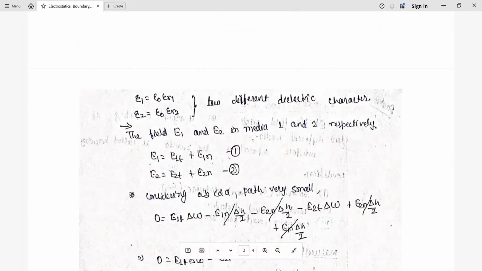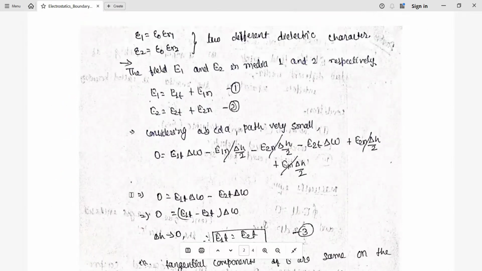Now it is important how we move in medium 1 and medium 2. At the interface, we have a situation like this.